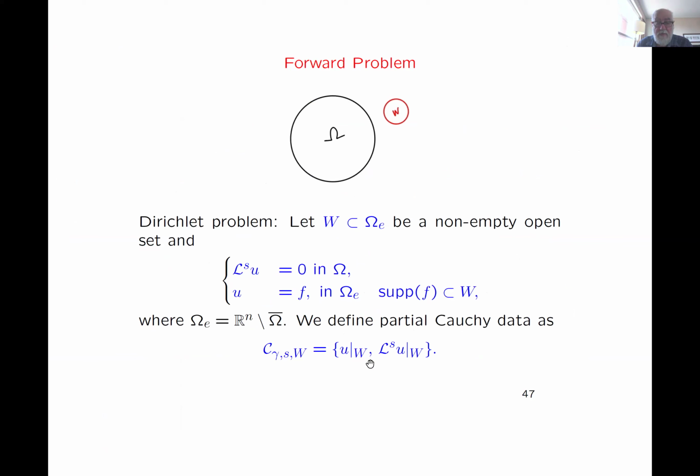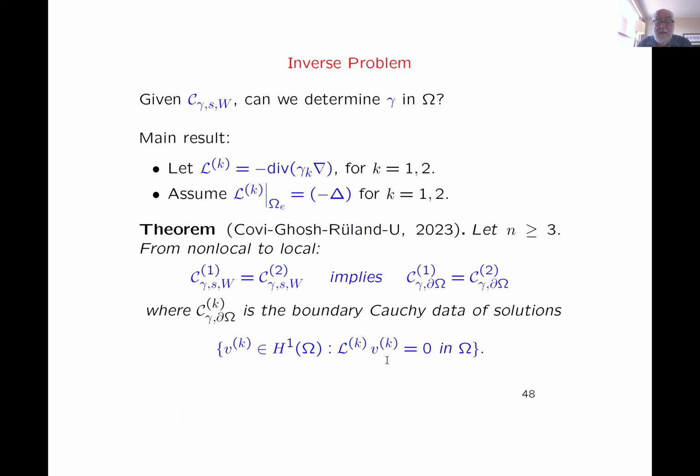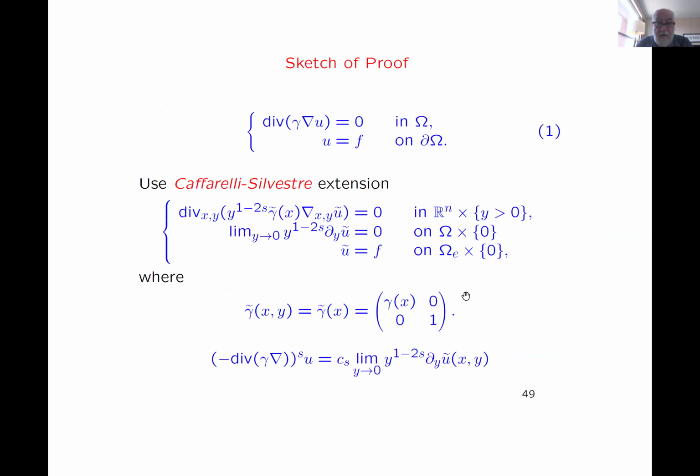And the theorem, which I didn't have time to talk about, is that if the Cauchy data is the same on this open set, then the Cauchy data, meaning the solution and the normal derivative, for the corresponding local operator L_K is the same. So you can go from the non-local to the local.